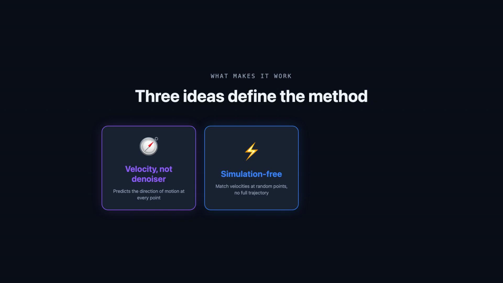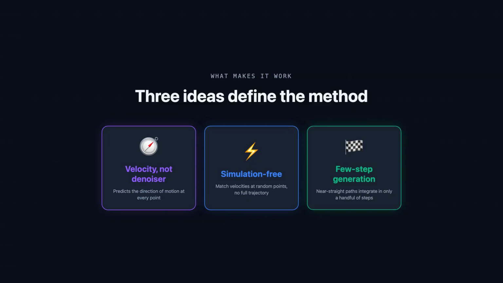You match velocities at random points without ever unrolling the full trajectory, which makes the objective simple and the training cheap. Generation is fast because the paths are close to straight. A nearly straight route needs very few integration steps, so sampling can be dramatically quicker than classic curve diffusion.